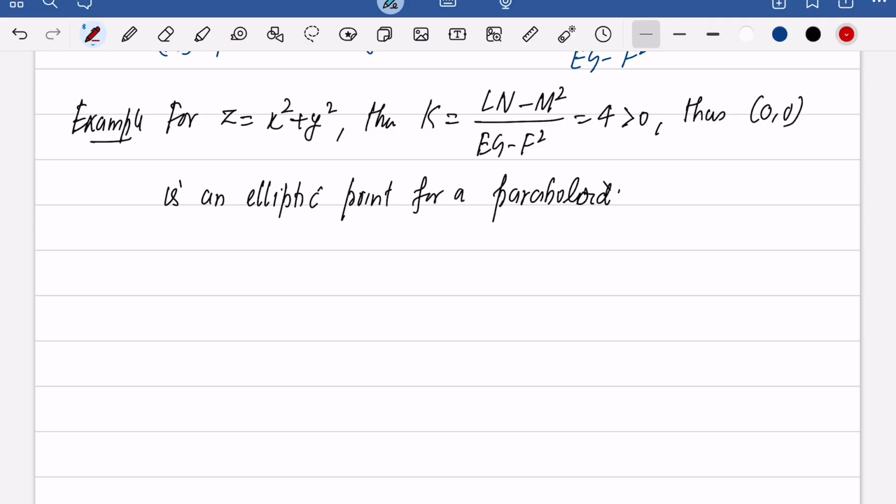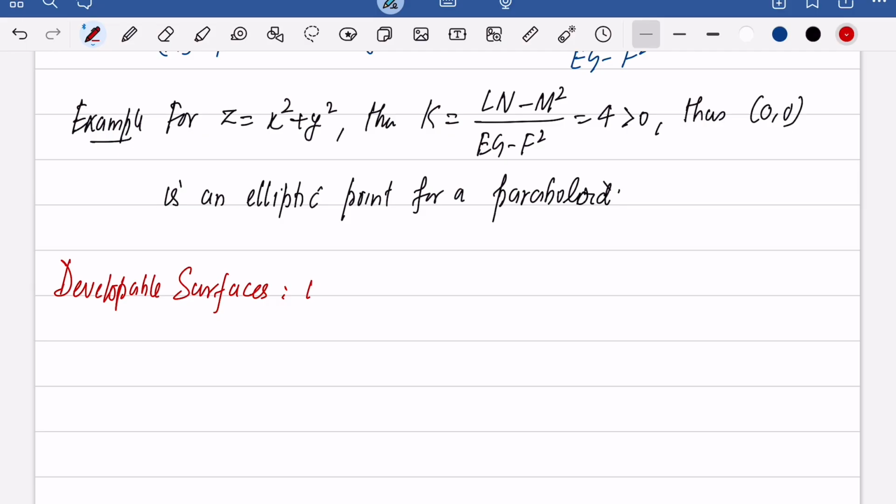Now let's take up another topic, the developable surfaces. We write its definition.